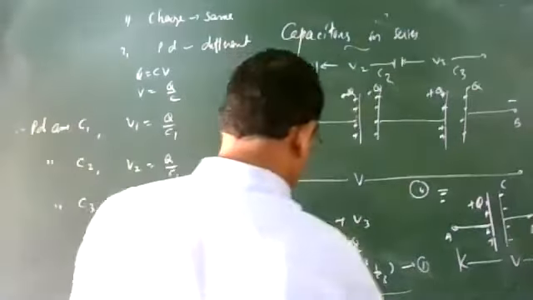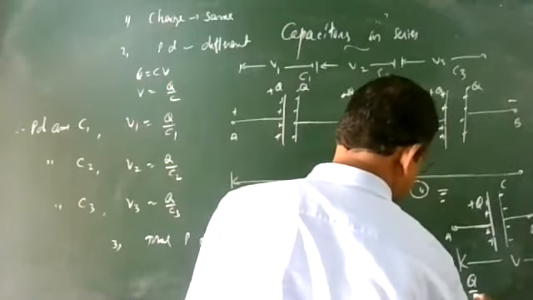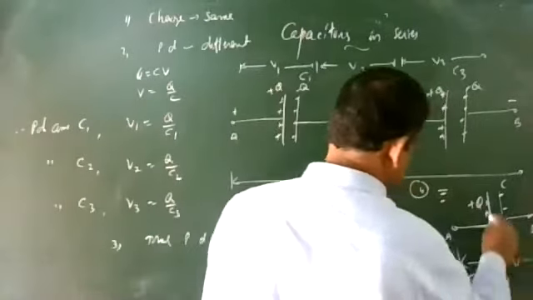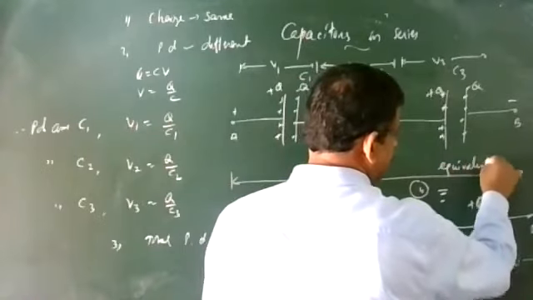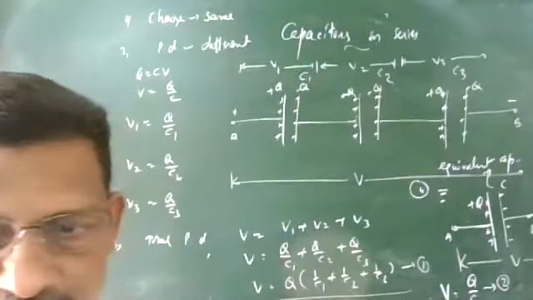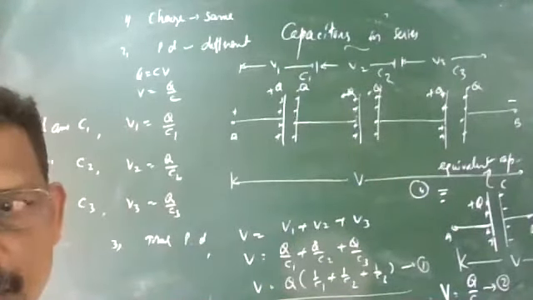Therefore, I am writing V equal to Q divided by C, where C is called the equivalent capacitance, equation 2. So three capacitors are replaced by a single one.